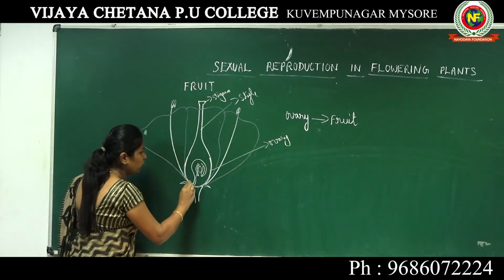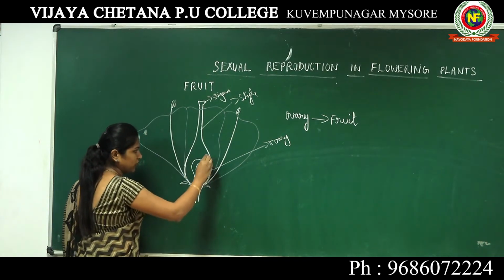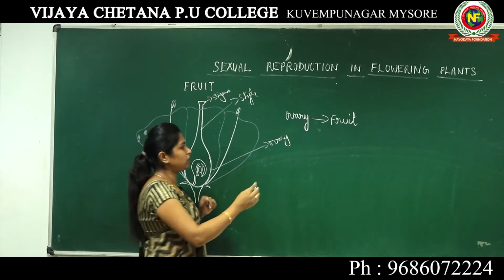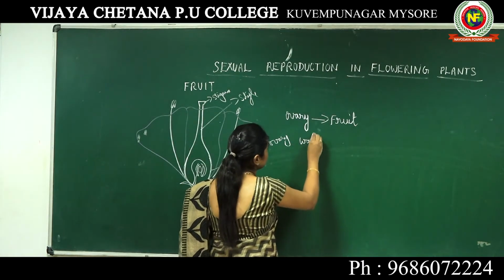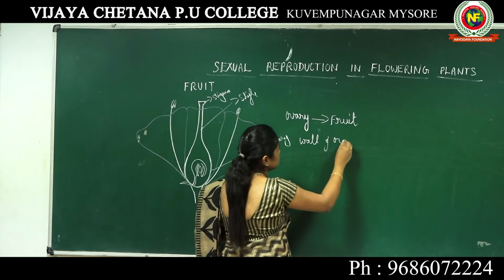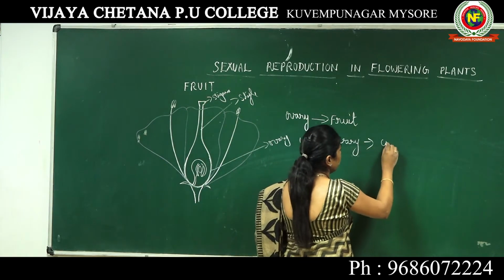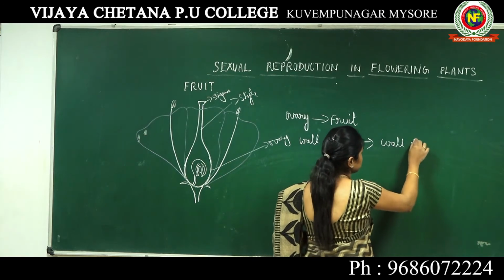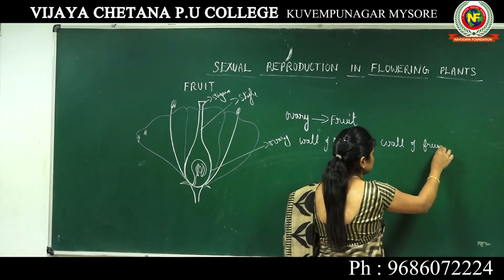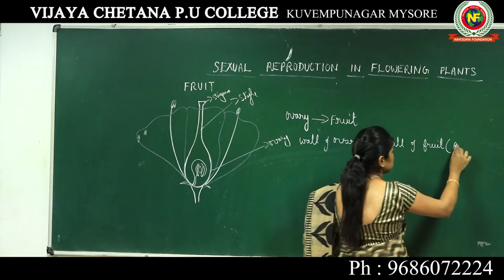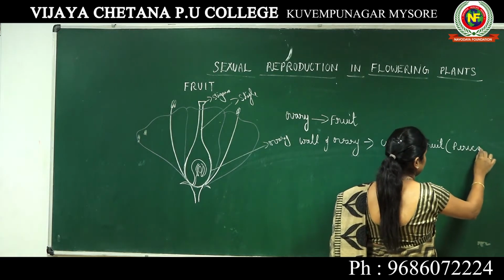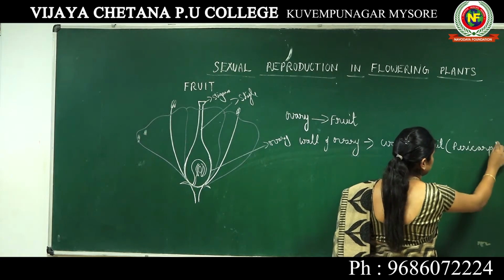The ovary wall develops into the wall of the fruit, which is known as pericarp. This is an important question.